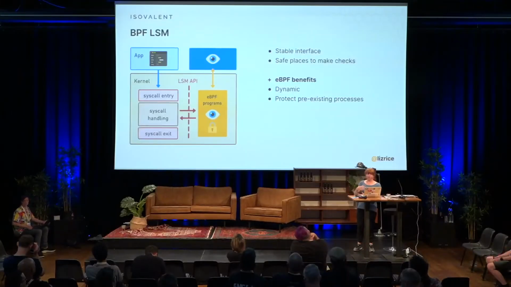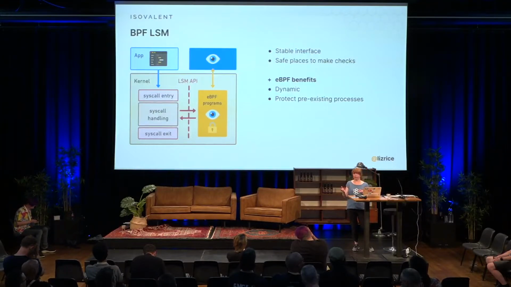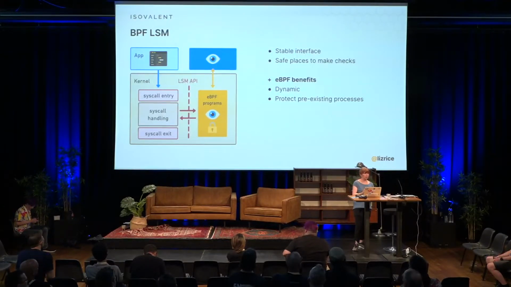And that has the benefit that we can change how the eBPF program is behaving dynamically, so we can be much more flexible about the kind of policies that we want to implement. We can load these into a system that's already up and running. We don't need to reboot the machine or anything. We immediately get the benefits of protection on any pre-existing applications that happen to be running.